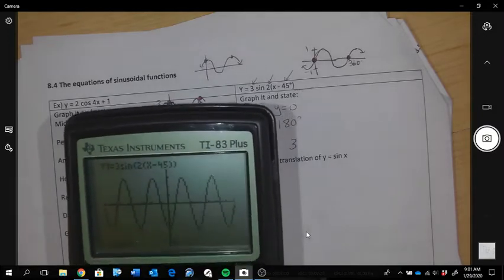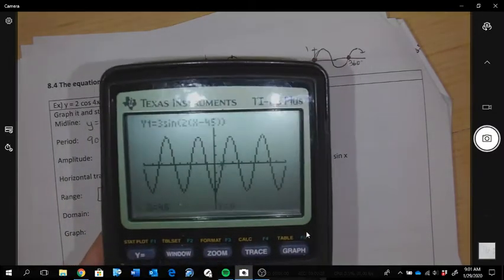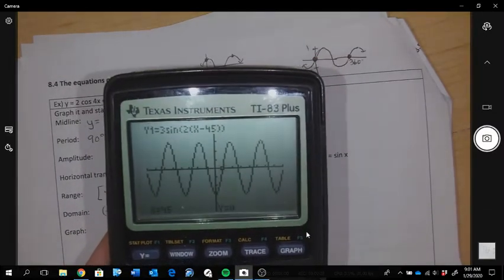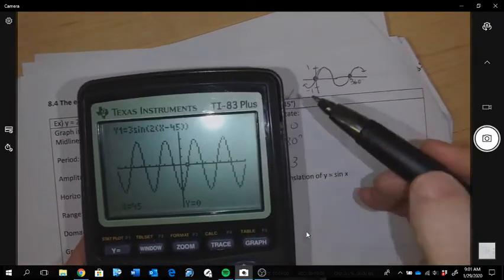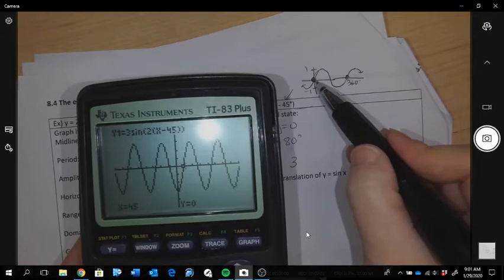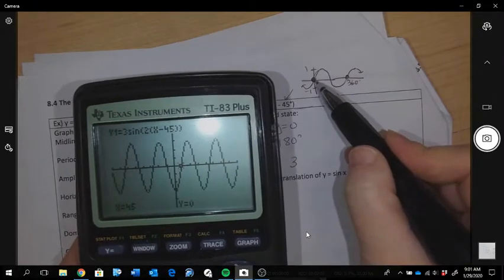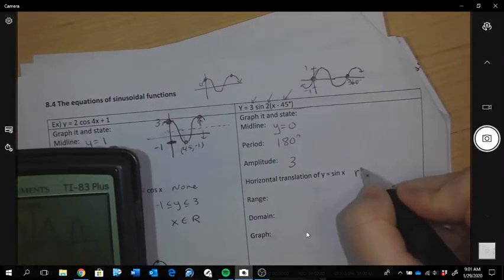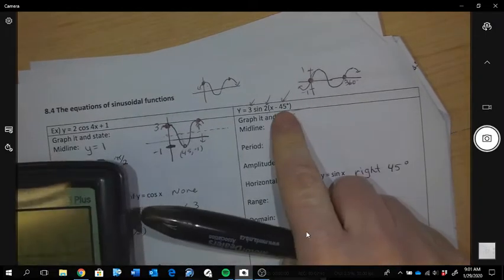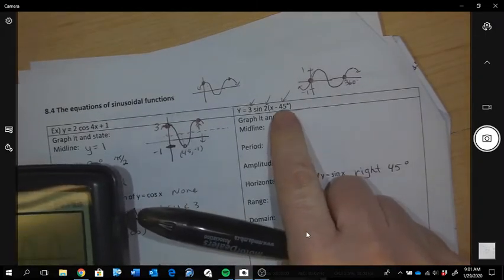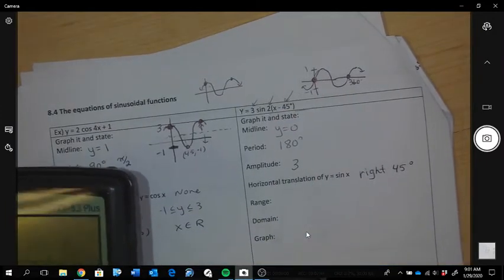So I'm going to type in 45 here and just predict that point is the original starting point. So that point is this point as a starter. It got moved right. Okay, so the opposite, so if it says subtract 45, that actually is right.